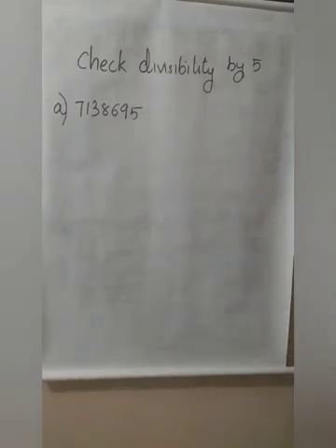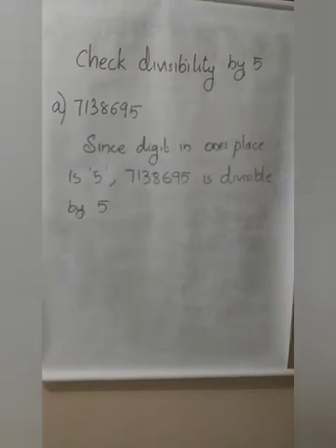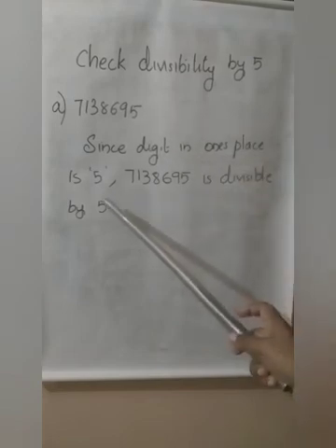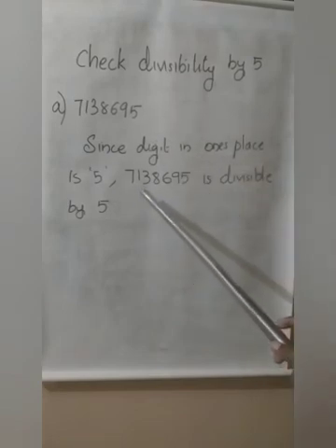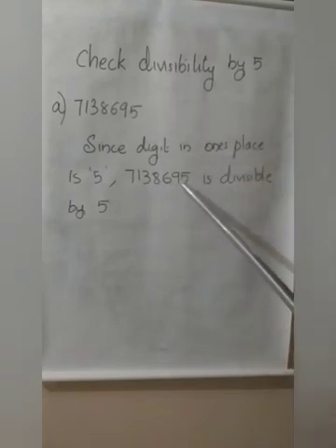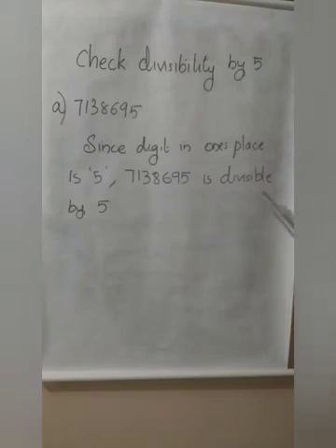So, if 5 or 0 is coming, then we can say this number is divisible by 5. So, writing the answer, since the digit in the ones place is 5, we can say 71,38,695 is divisible by 5.